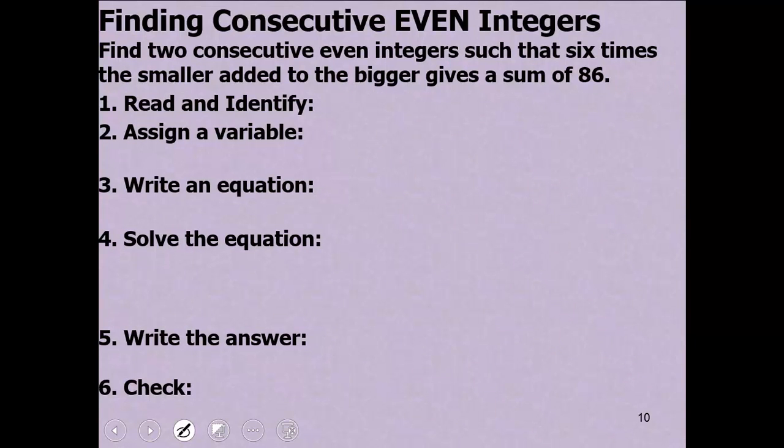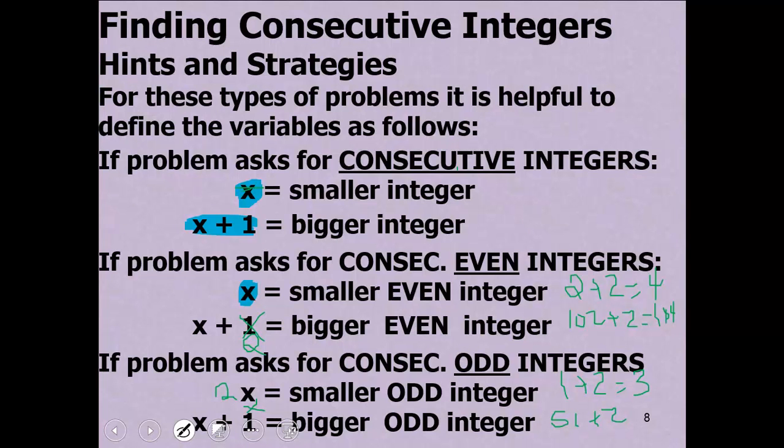Okay. The next one we're going to do is the consecutive even integers. Here's what I want you to try. Go back and think about how you're going to do this. If the problem asks for consecutive even integers, you define your first variable as x and your second variable as x plus 2.